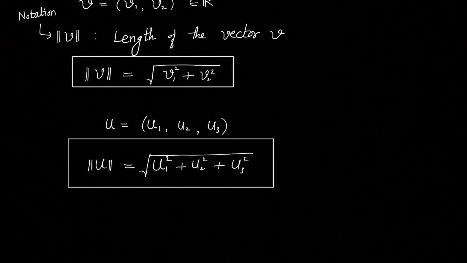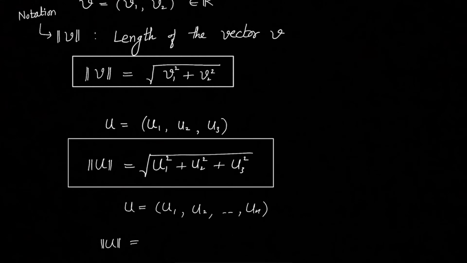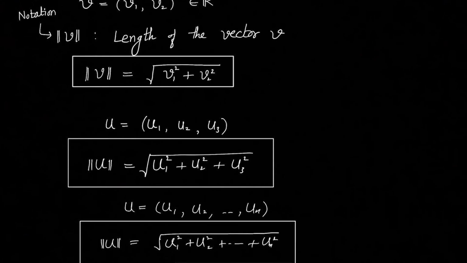Suppose you have a vector u having n components, u1, u2, up to un. The norm of u is the square root of the sum of the squares of the components: u1 square, u2 square, un square, and take its square root. This is called the norm of a vector.